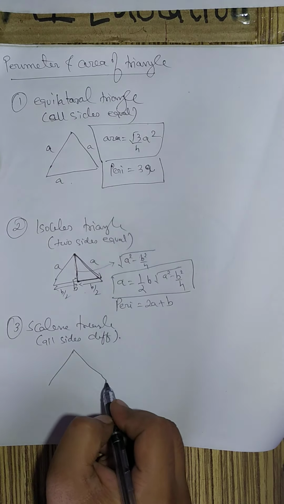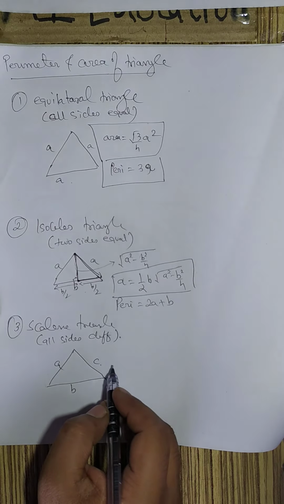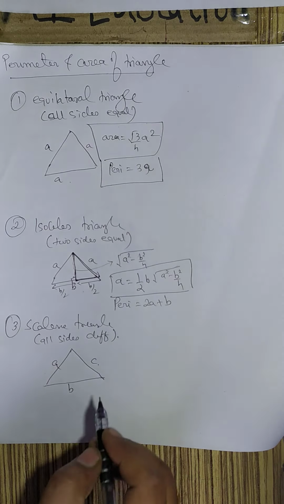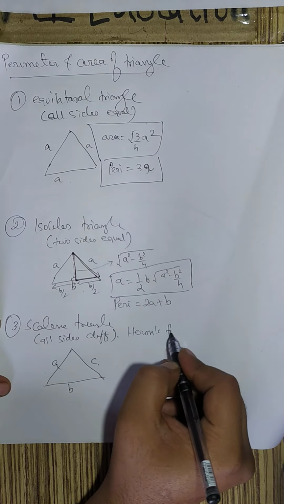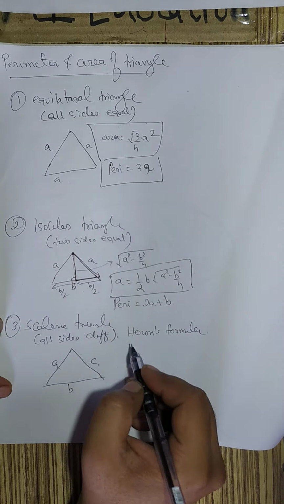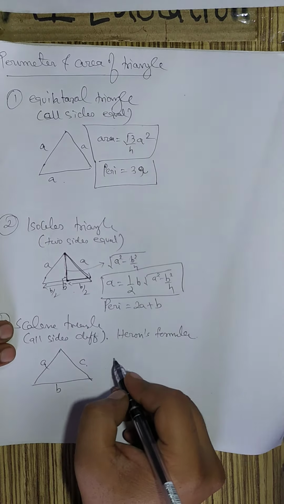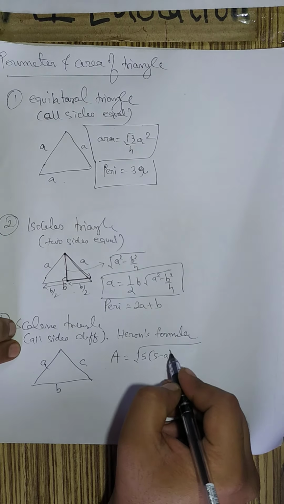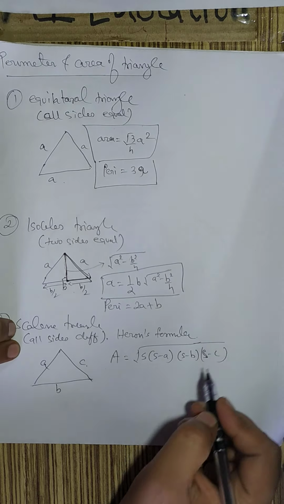Scalene triangle, all the three sides are different, maybe a, b and c. For this scalene triangle, we make use of Heron's formula. As per Heron's formula, we have area of triangle will be square root of s into s minus a, s minus b, s minus c.